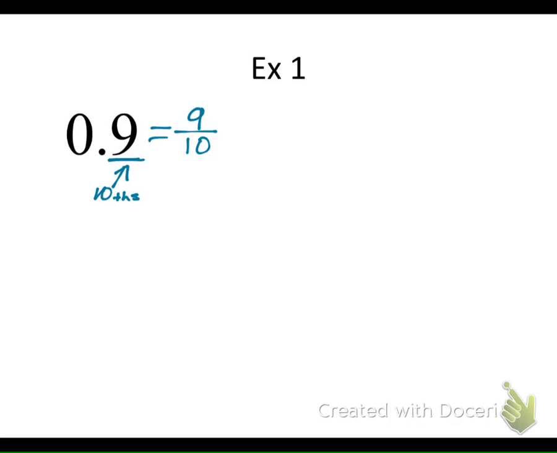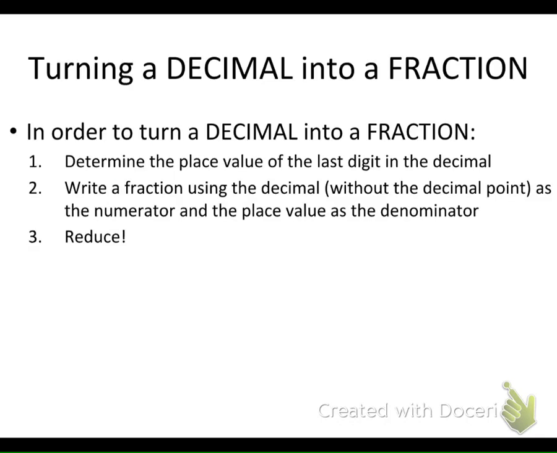Okay, and one simple step I added to those 3 steps of how you convert a decimal to a fraction. So go back, turn over to the front sheet. Below number 3, go ahead and write 4 and write check.